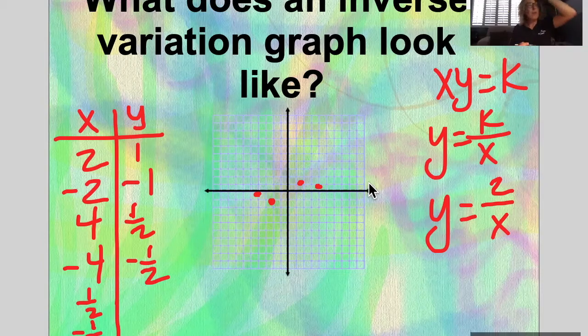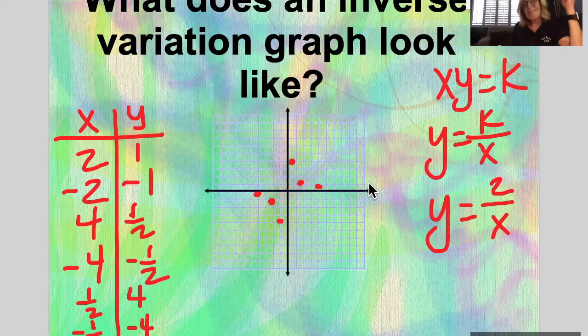If we put in 1/2 for x, 2 divided by 1/2 would be 4. And for negative 1/2, 2 divided by negative 1/2 would be negative 4. So I'm going to add those points in. So 1/2, positive 4 is going to be here, and negative 1/2, negative 4 is going to be here.